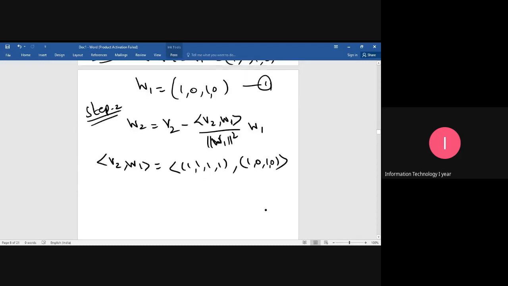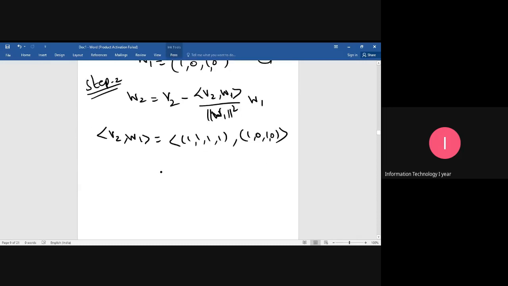Okay, find out inner product here. In the question, it does not mention any product. So therefore, as usual, you can take the usual product. First element multiplication 1 into 1, 1. Second element multiplication is 1 into 0, this is 0. Plus third element is 1 into 1, 1. Last one 0. So it is 2. Similarly, find out norm W1 square. This is inner product of W1, W1, right?